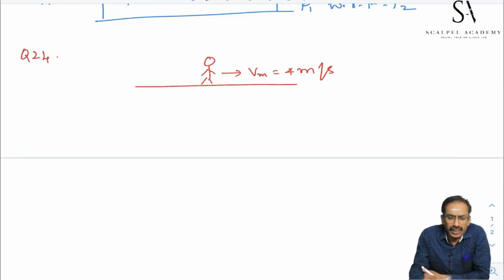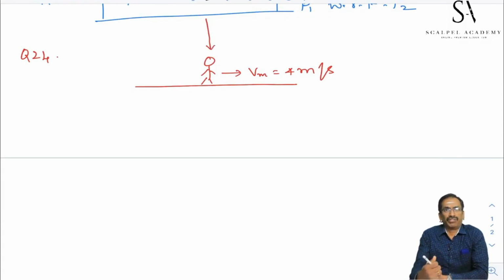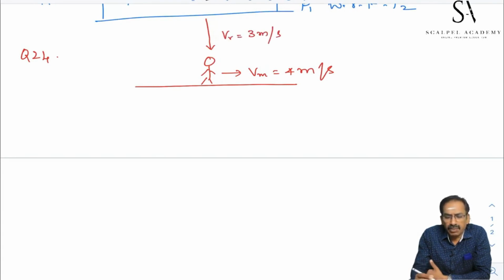Raindrops are falling vertically downward with 3 meters per second. What is the velocity of rain with respect to the man? This is the problem. And what is its direction? That also we have to learn.